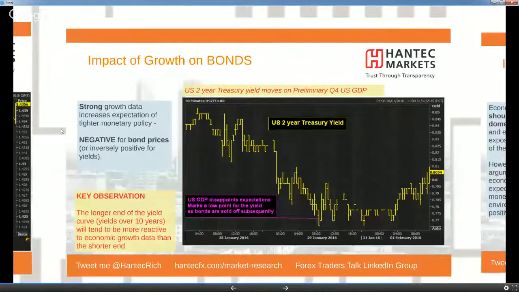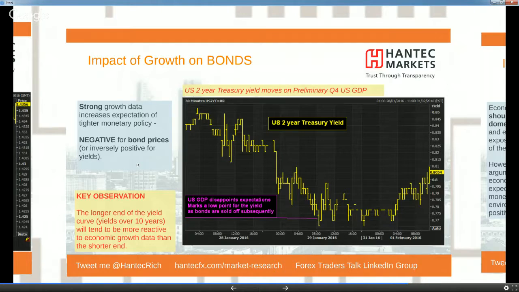In terms of bonds, similar sort of argument really, although it didn't seem to do that much to the 2-year Treasury yield. Now, the argument being that if you got the data point here, US GDP disappoints expectations, and subsequently impacted on bonds as it started selling bonds on this one.